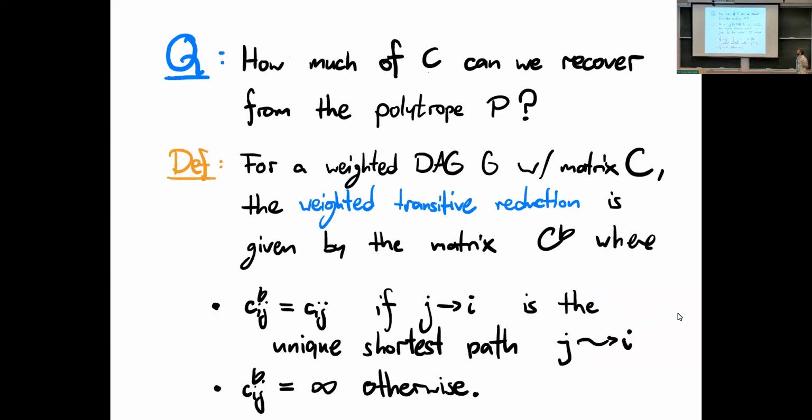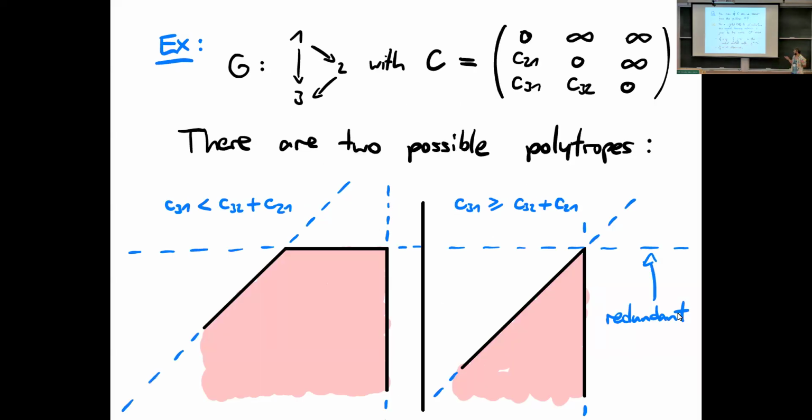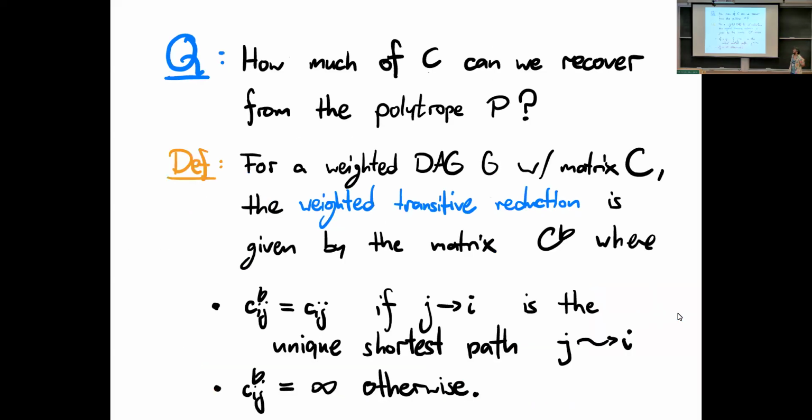So I was asking myself, how much of the weight matrix can we recover if we just see these shapes here? And the result is that I came up with something that I call the weighted transitive reduction. You can kind of think of those as covering relations if you think of the graph as some kind of poset, but they take into account the weights.